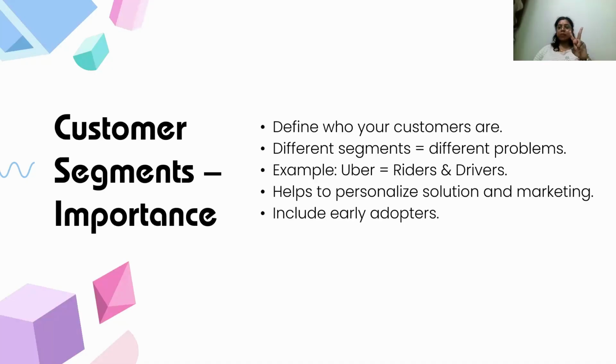So there are two customer segments. One is the restaurant, the other is the customers who buy food through their platform. Two types of customer segments. Now, when I'm building my business model canvas, my business plan has to be two, one for the restaurant and one for the customers who are buying food from the platform.